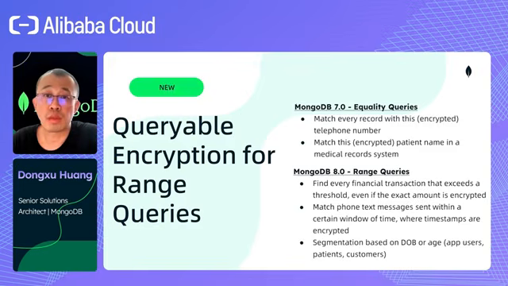This is really going to expand the number of use cases you can leverage queryable encryption for. And this is going to be particularly relevant for customers with highly sensitive data requirements, which are usually those in financial services, healthcare, or industries with stricter regulatory requirements.